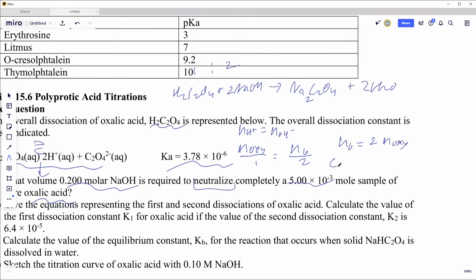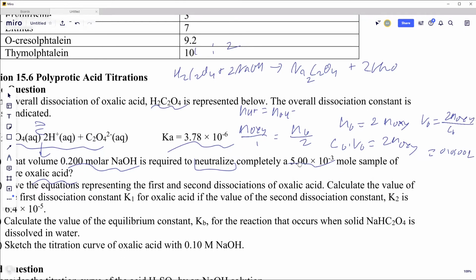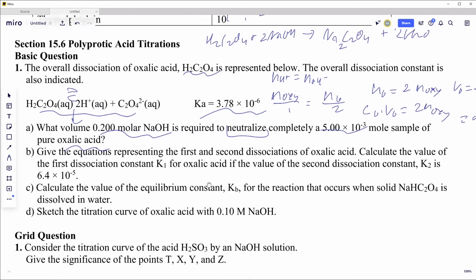The number of moles of base is the concentration of the base times the volume of the base, which equals 2 times the number of moles of the oxalic acid. We want the volume of the base, so just solve for that: 2 times n of oxalic acid over Cb. Just substitute and you're going to get 0.0500 liters, or decimeter cubed. And that's it for this one.